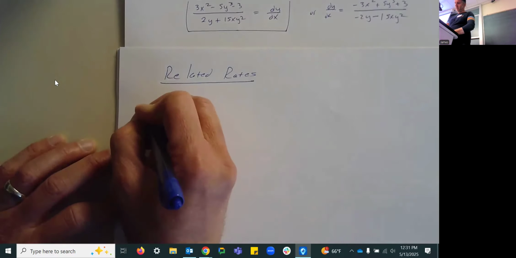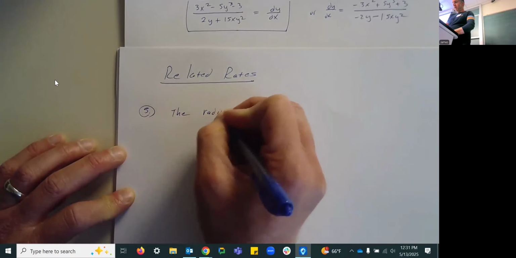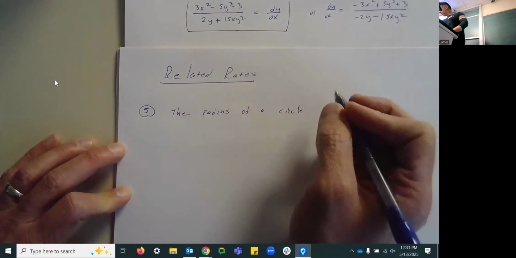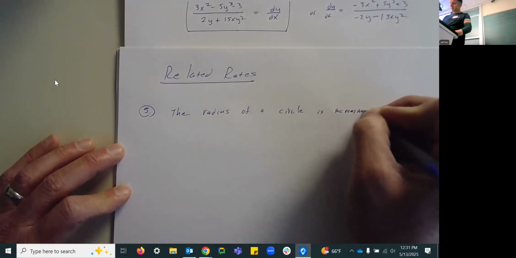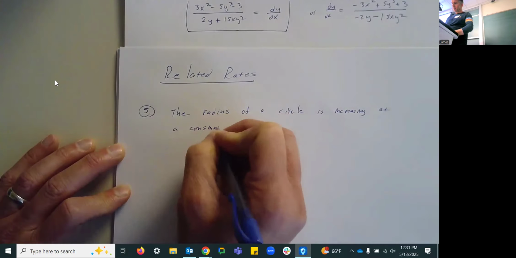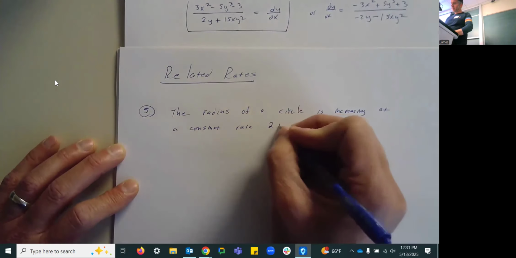So let's see. The radius of a circle is increasing at a constant rate of 2 inches per second.